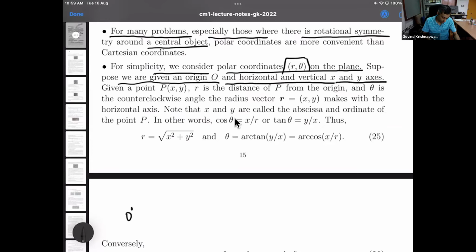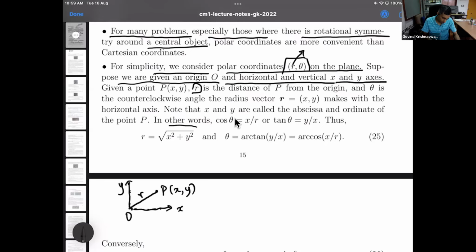We have an origin O, we have the X and Y axes, and then we have a point P with Cartesian coordinates X and Y. Then r is the radial distance from the origin to P. Okay, so that distance is r, and that takes care of r.